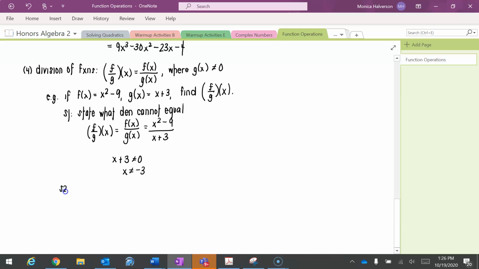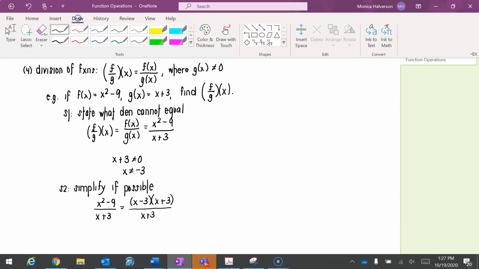The next thing you're going to do is you're going to simplify if possible. So x squared minus 9 can be simplified because it's a difference of 2 squares into x minus 3 times x plus 3 all over x plus 3.